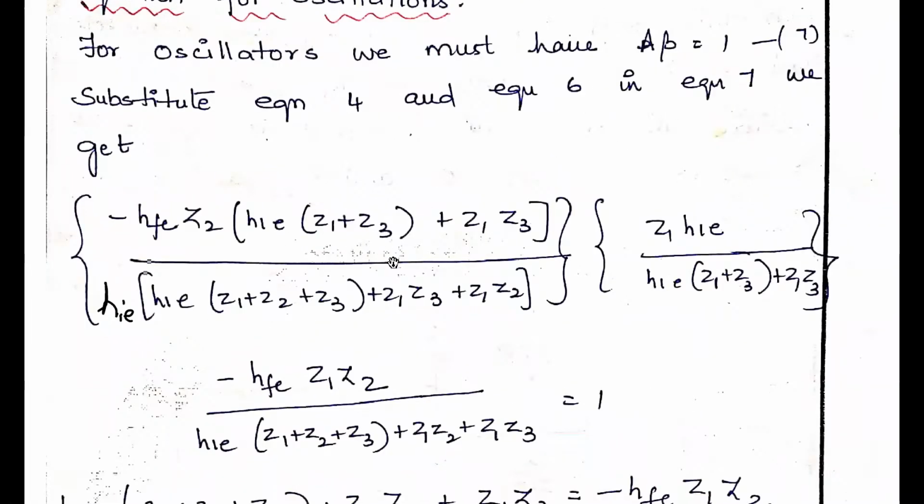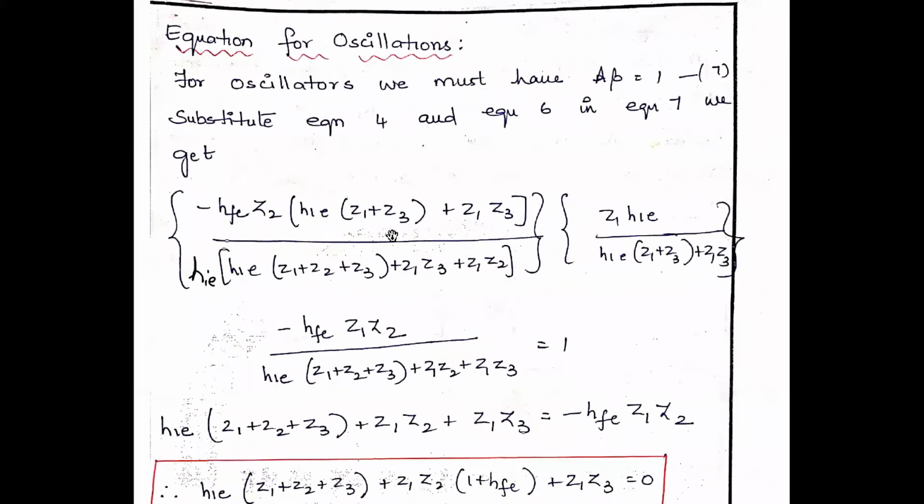So now let us see what all we can simplify here. This is A, this is beta, okay. Here in the denominator, HIE into Z1 plus Z3 plus Z1 Z3 we have. The same term we have here in the numerator. So this big term will cancel, okay.